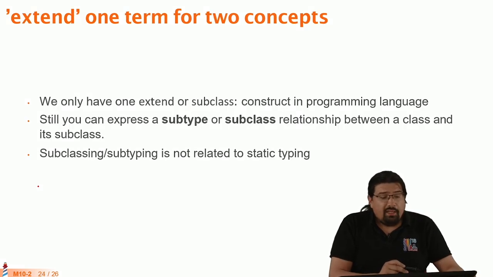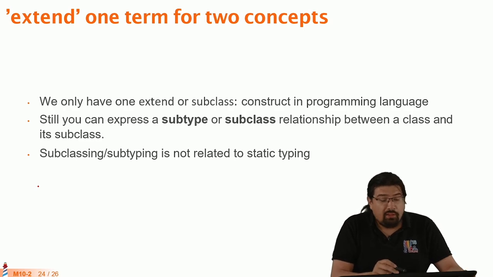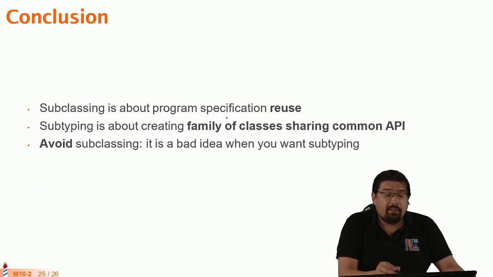Basically, when we extend, or inherit, or create a subclass, we are mixing two concepts, because we are creating, in a way, a subtype and a subclass. We have to be sure what we are doing with it, remembering that subclassing is about program reuse.